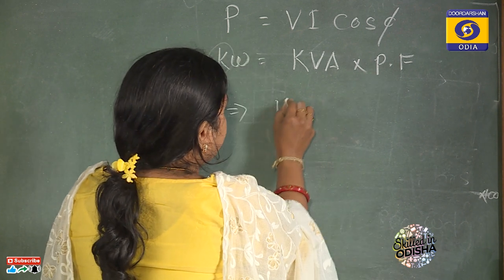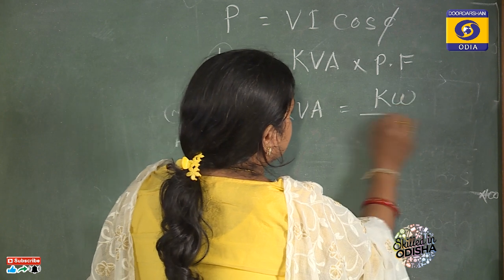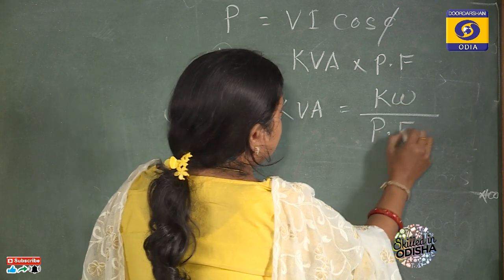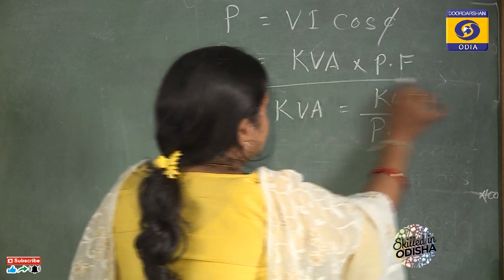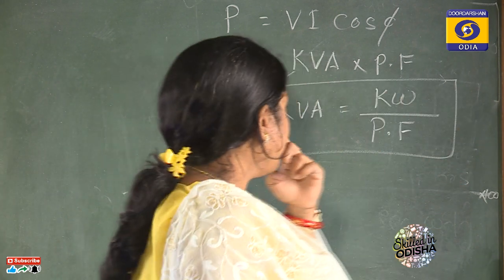So kVA is equal to kilowatt divided by the power factor. In this way we convert kilowatt to kVA.